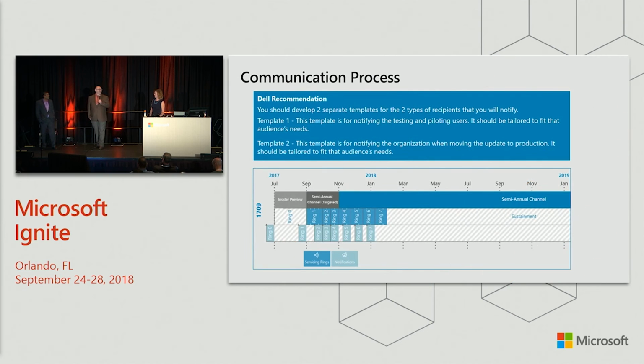when we were going to communicate based on the rings that users were in and the type of information that they needed to know up front. Do you want them to leave their machines on and go home? Do you want them to do it over lunch? Do you want to make sure they're locked in a secure facility? Don't just take for granted that they know what they should do.